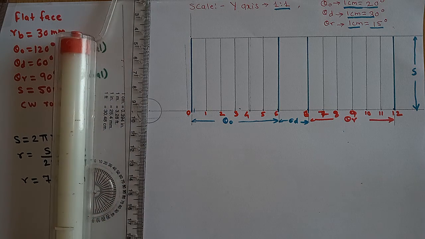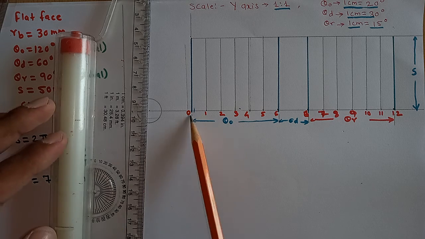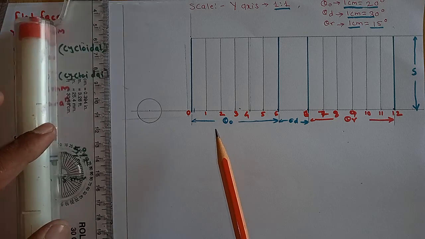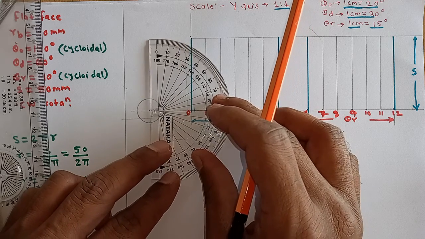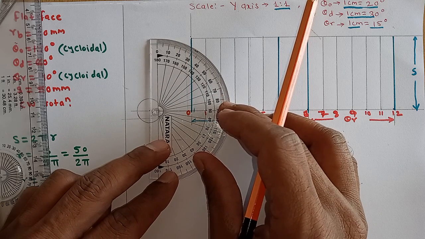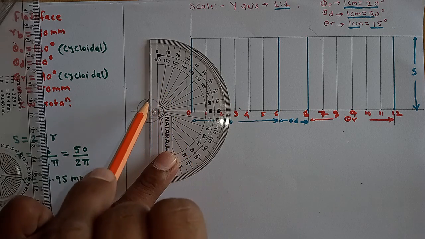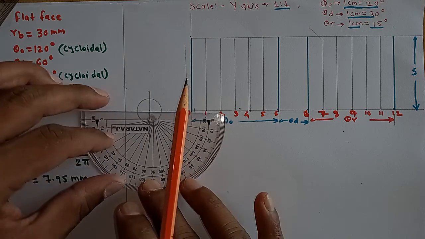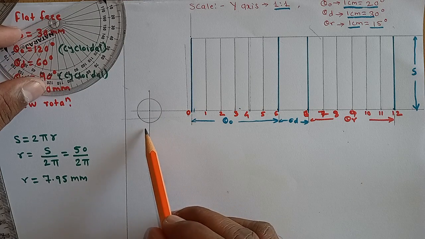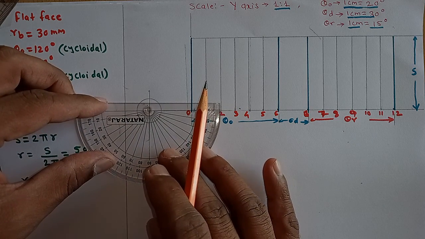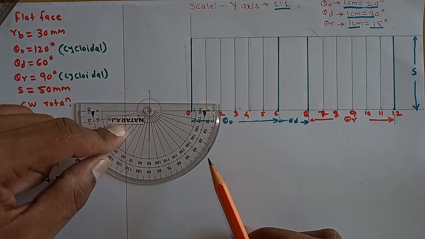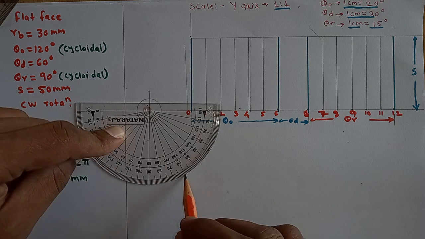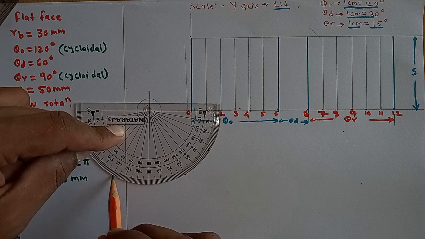Now we divide this circle into the same number of divisions as that of the outstroke angle and return stroke angle. So first of all, let us draw the ordinate or y-axis. Then we start the divisions from positive x direction. So 360 divided by 6, 60 degrees each. So this is 60, this is 120.